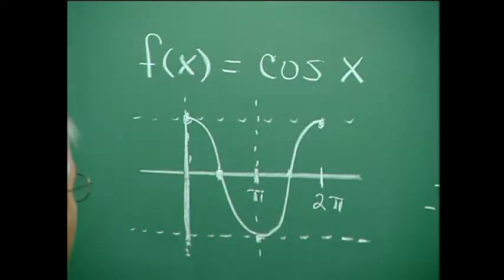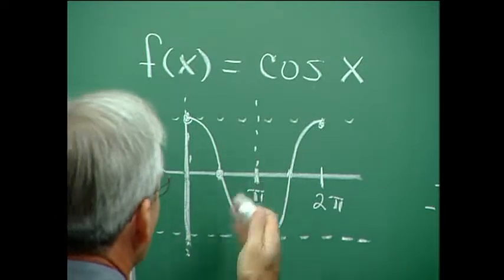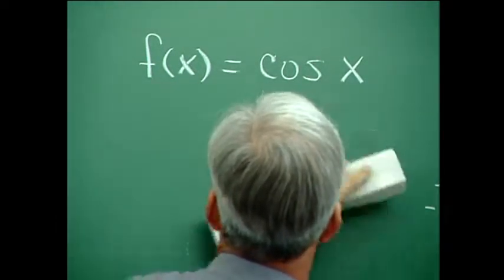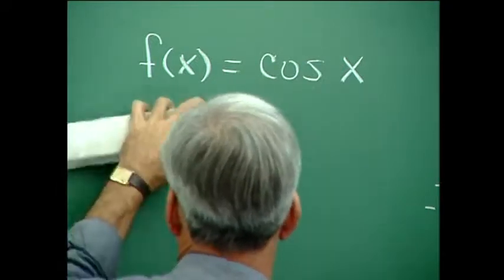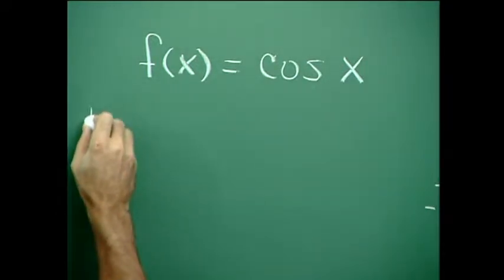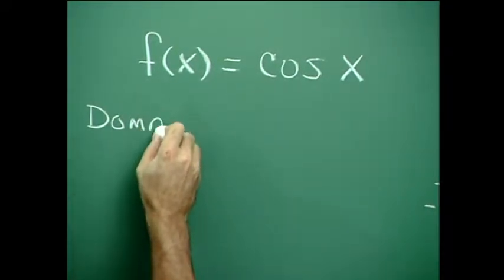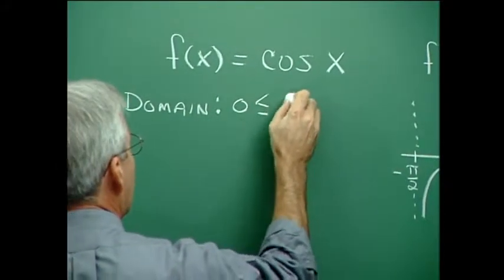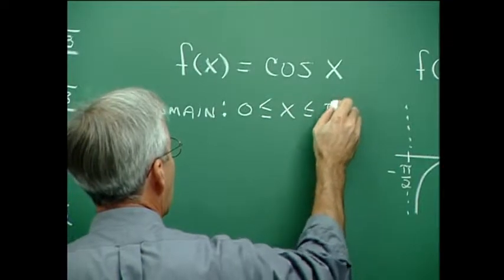All right, so let's write that up here. We're limiting the domain to 0 to pi. So domain: 0 is less than or equal to x is less than or equal to pi.